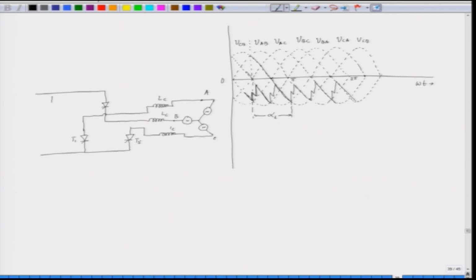This is our DC link voltage, VDL, with this positive and this negative, and this current is ID, and ID is flowing back here.